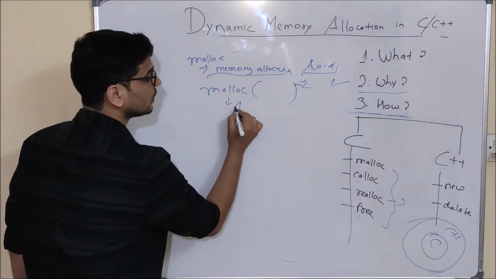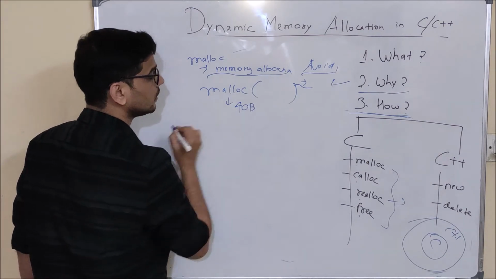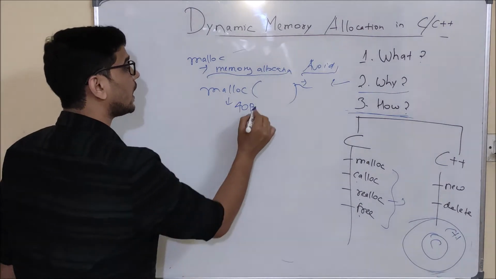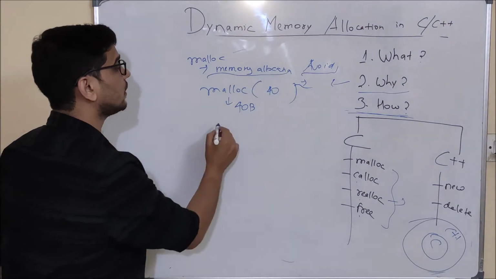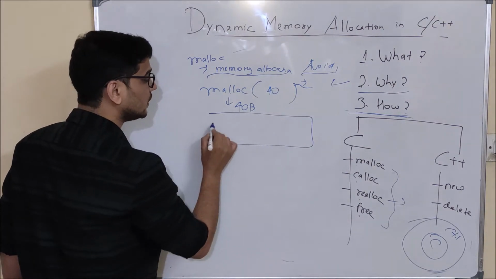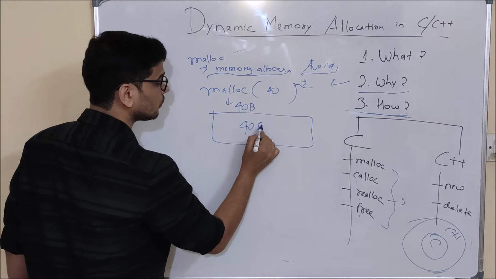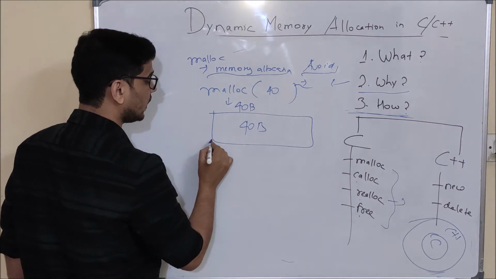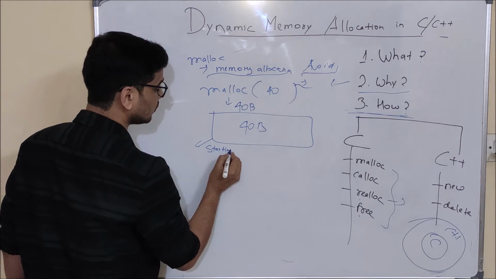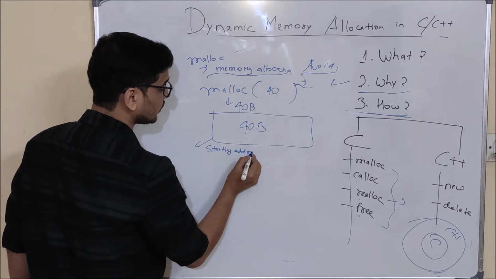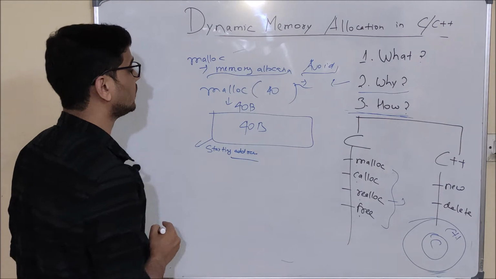Suppose I want a memory of 40 bytes. So I will call malloc 40. What will malloc do? Malloc will take 40 bytes of memory from the operating system and give us the starting address of this particular memory block.